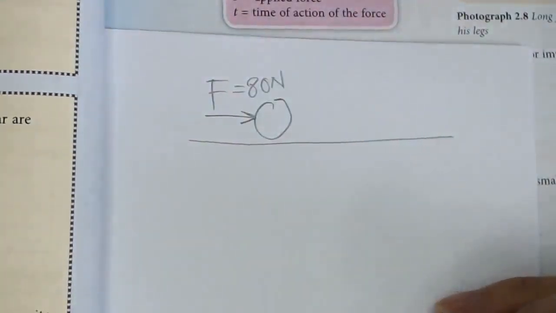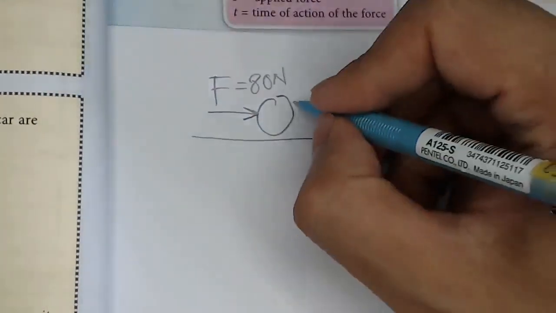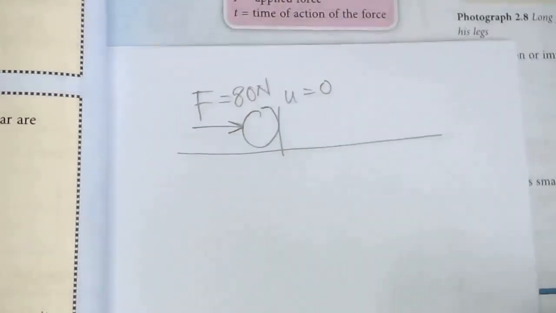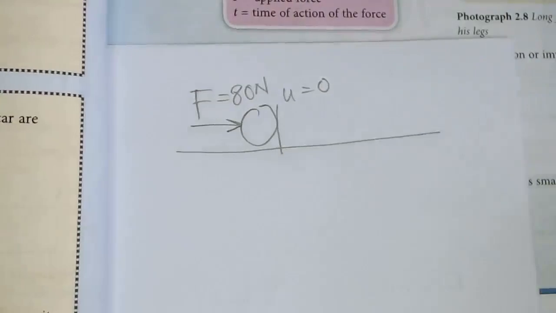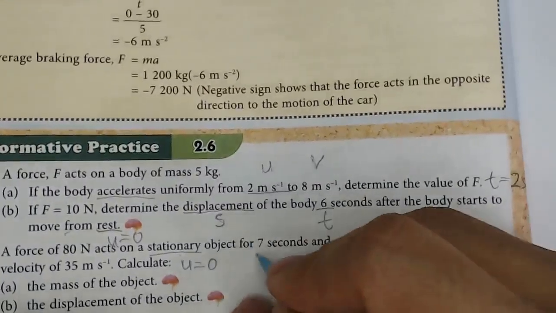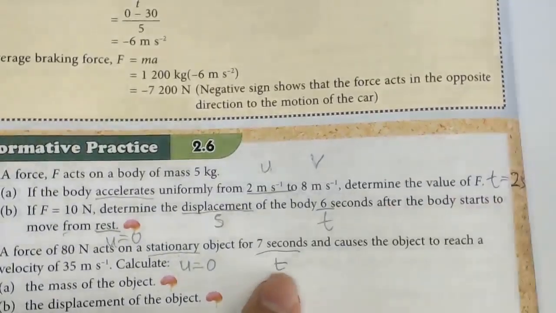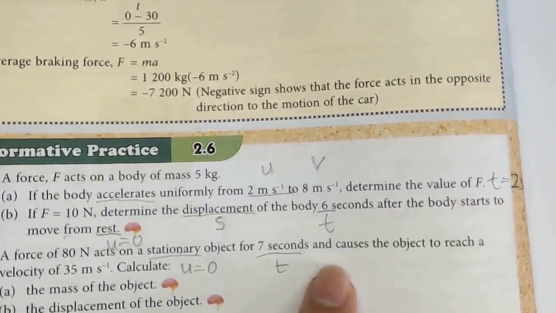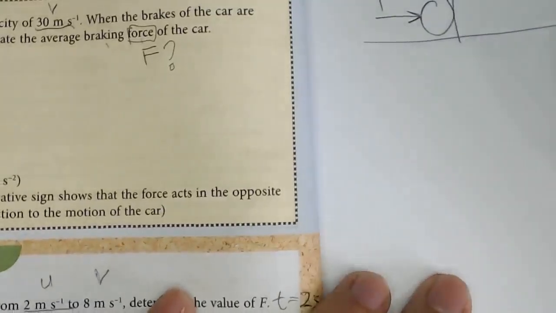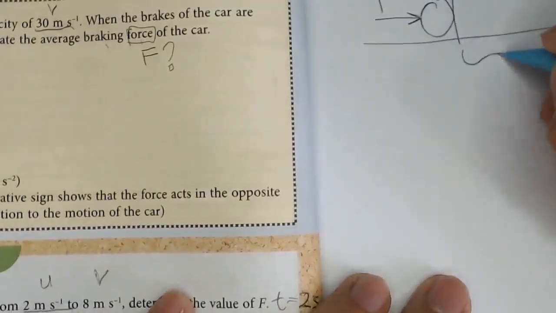Acts on a stationary object. Okay, stationary here means the u starts with 0 for 7 seconds. For 7 seconds here refers to the time taken to do the acceleration. Until this point, let's say.